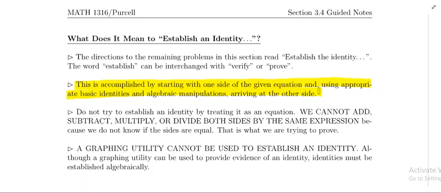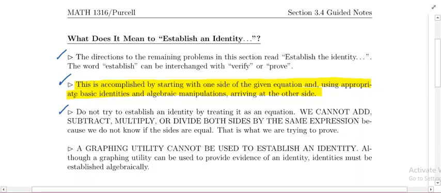In the next bullet point, so we've done this one, now we're here. Do not try to establish an identity by treating it as an equation, meaning we cannot add, subtract, multiply, or divide both sides by the same expression, because we do not know if the sides are equal. That's what we're trying to prove.